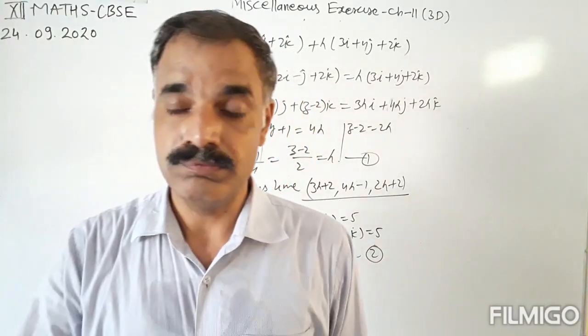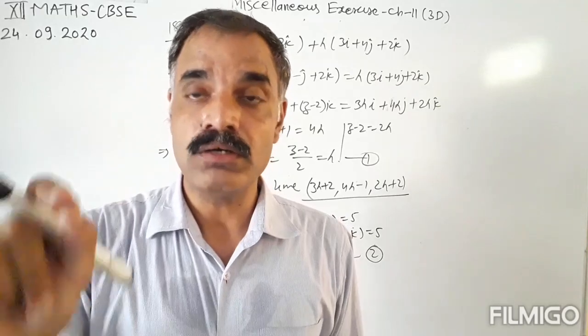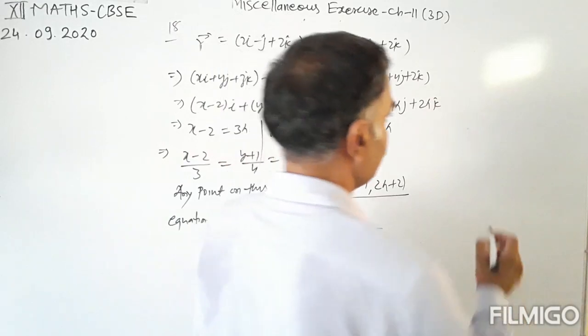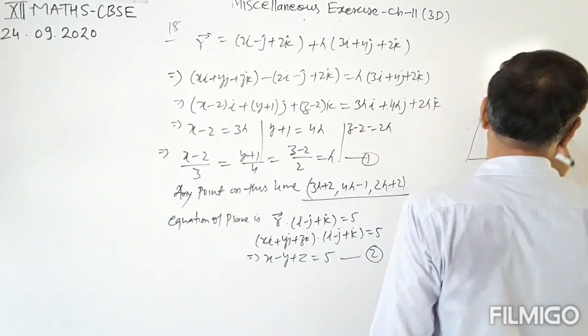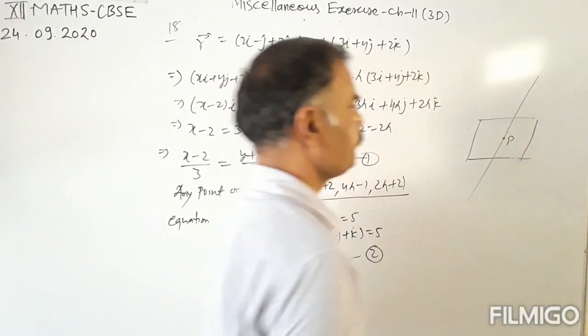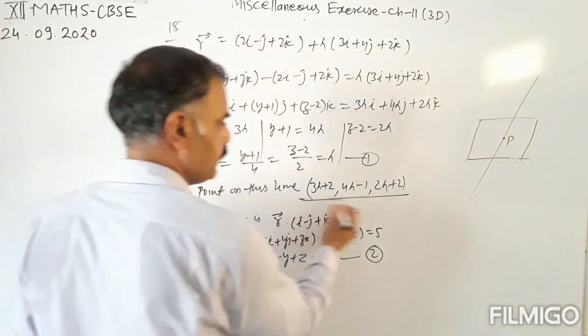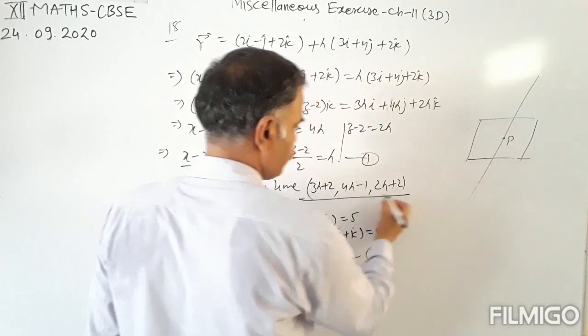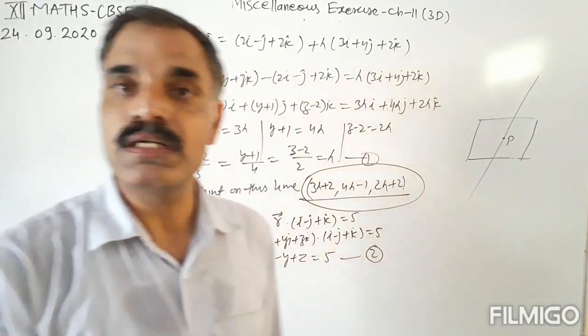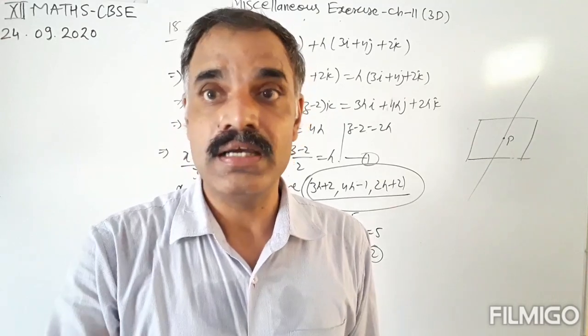Okay, now we will find the point of intersection of the line and plane. Let this point P be the point of intersection. This point on the line is the point of intersection of the line and plane.